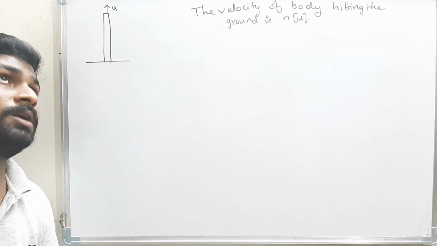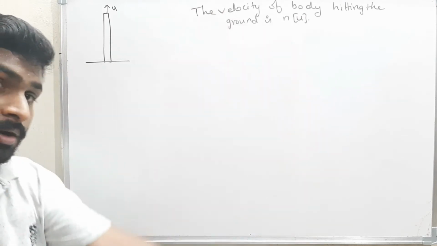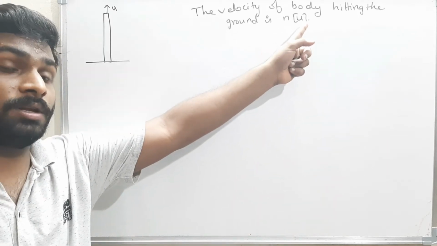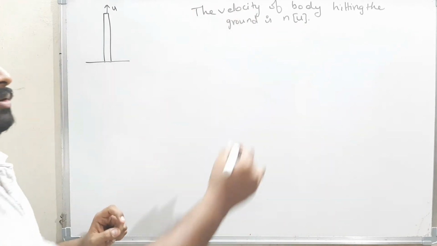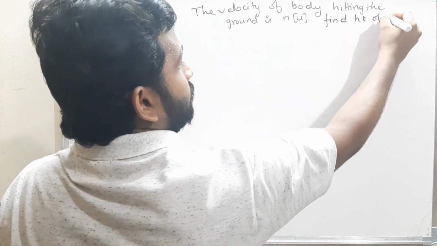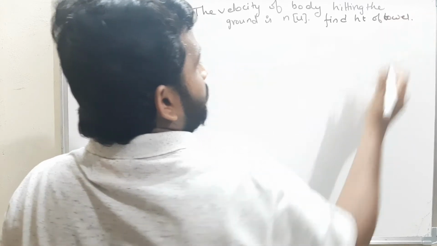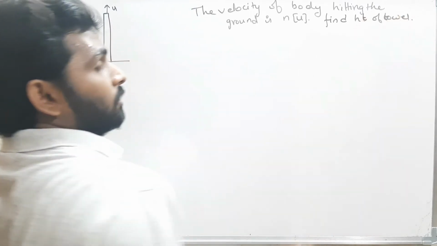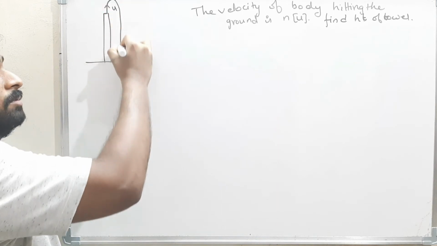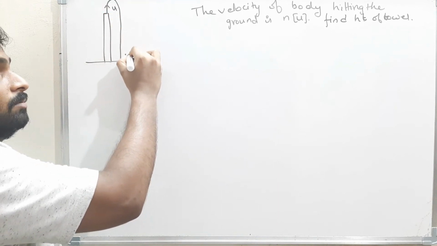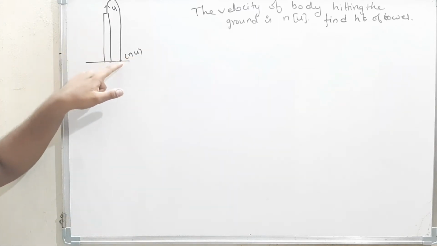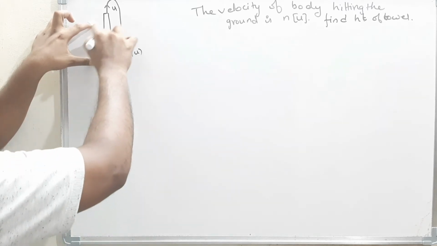The body is projected with a velocity u, and when it is hitting the ground, the velocity is n times of the launching velocity. Now they want to find the height of the tower. That is the question. Now how can I find this? When the body is moving up and coming down, the velocity here is u, but here the velocity is nu. They want to find the height of the tower h.